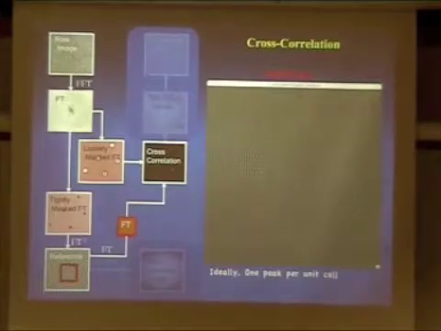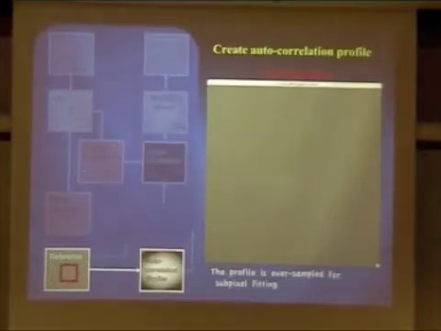So what you will get is a sharp peak in the middle if you do an autocorrelation of the same object. When you do a cross correlation, you will see peaks repeating in the same way as your lattice. So you have one single peak per unit cell now.